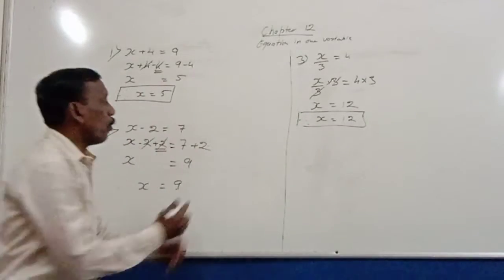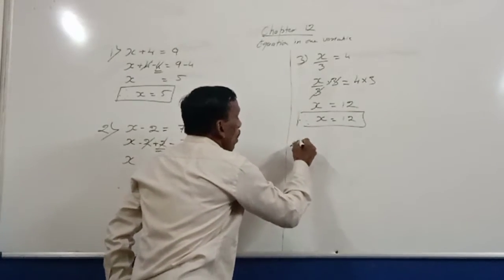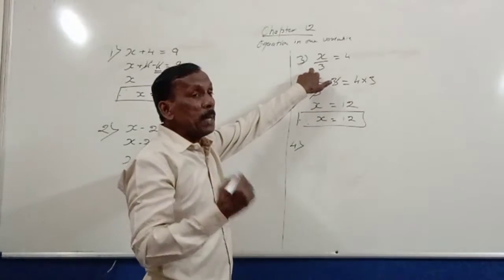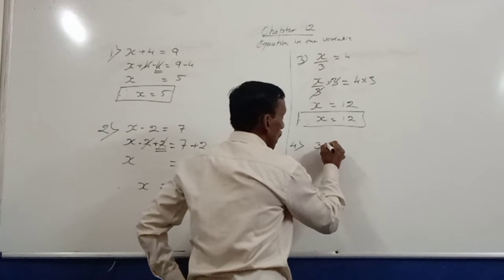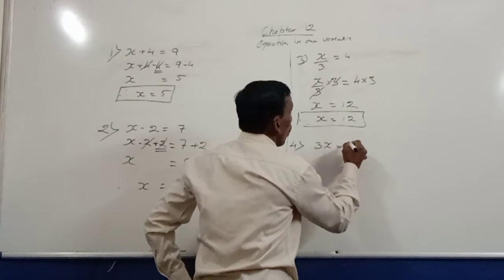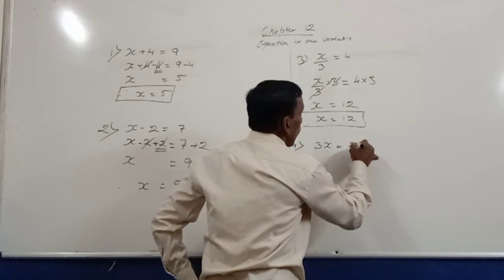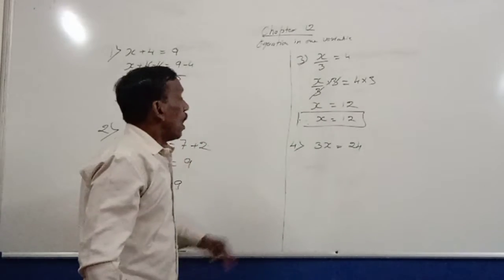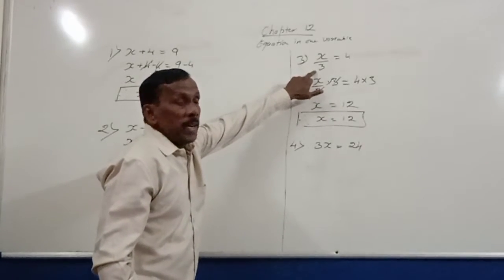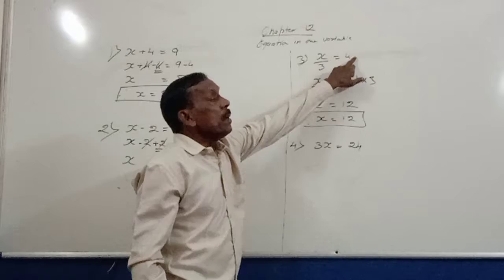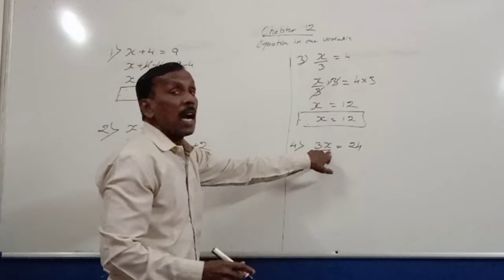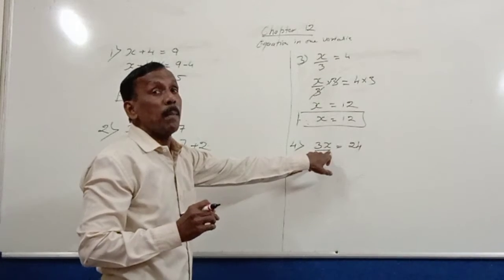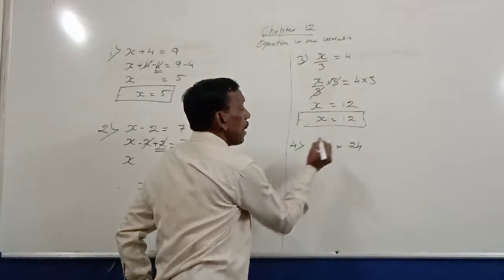Okay, now the fourth one. Now here it was divide, I take a multiplication. So 3x is equal to 24. When it is upon, meaning divide, it becomes multiply. Whenever any number comes with the alphabet, it is considered as a multiplication, meaning it is 3 multiplied by x.